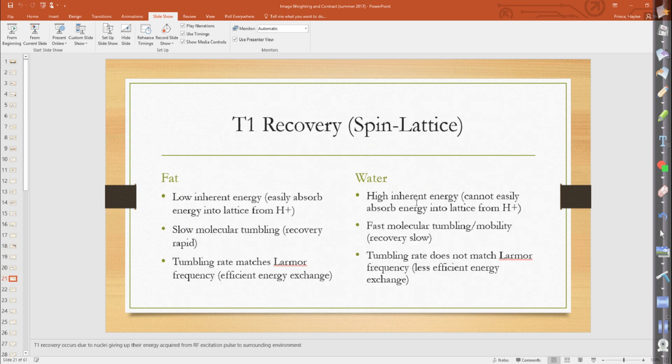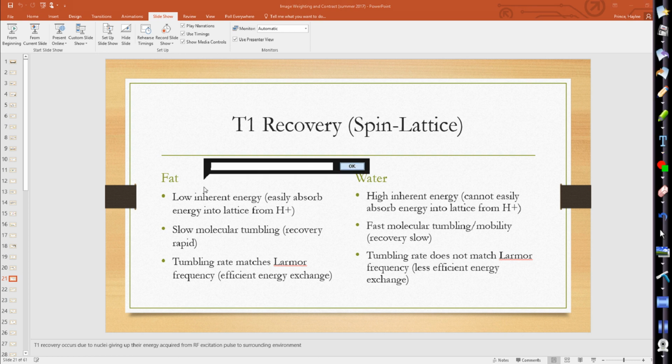All right, so here's a good summary of T1 recovery when we're talking about the two different tissues. So remember, fat has a low inherent energy. Think of the sponge, where it's able to absorb energy into the lattice very easily.